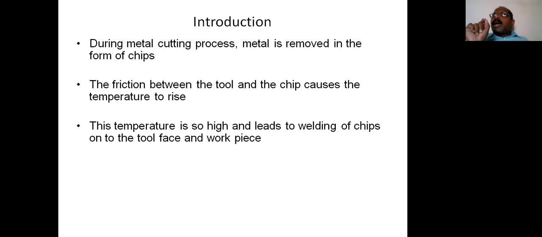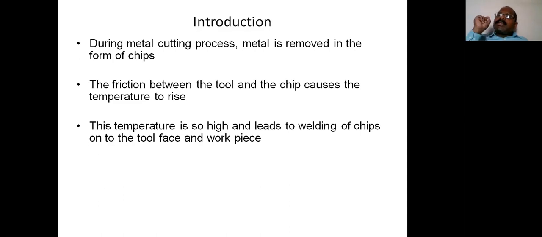How are two metals joined? Because of the heat source, the temperature of both contact surfaces, or both bonding surfaces, increases.